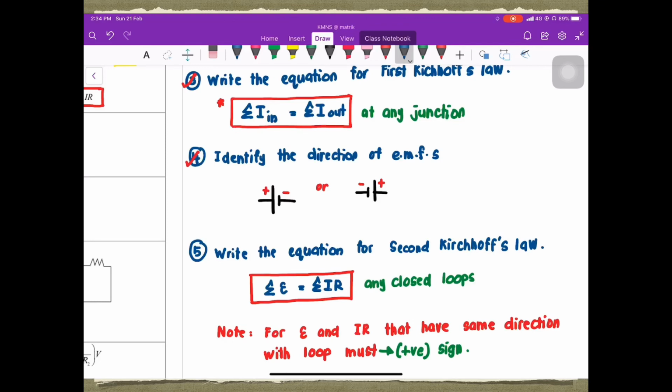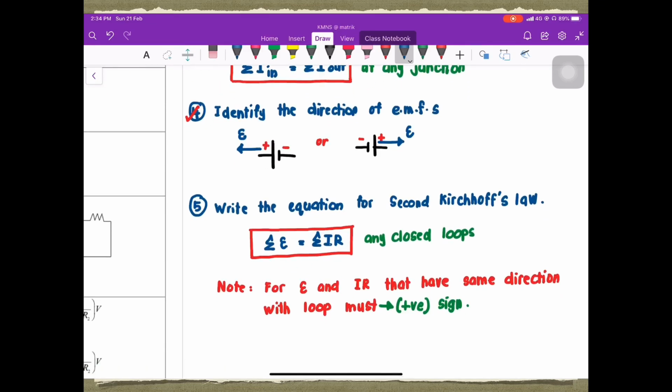Look at the positive terminal. The direction must be out from the positive terminal. So this is the EMF, this is positive, then out from the positive is the direction of EMF.